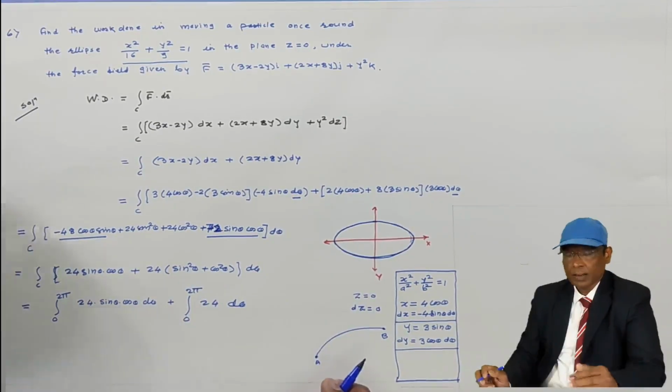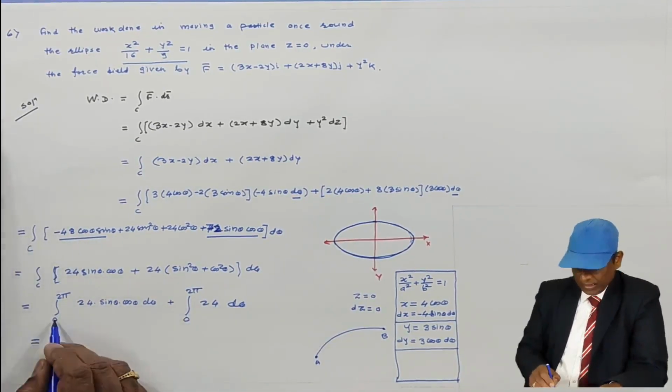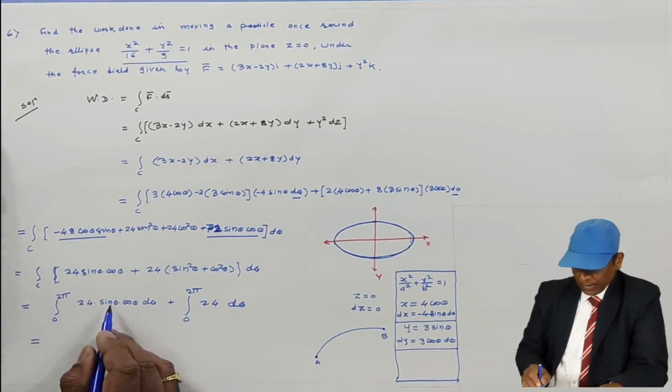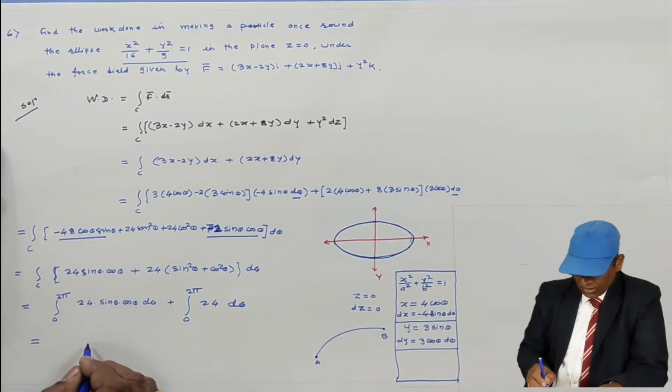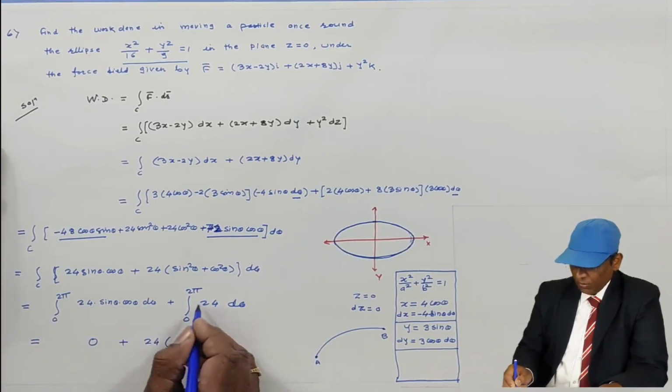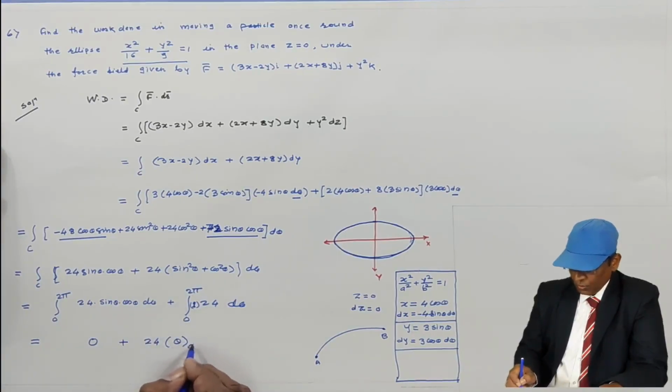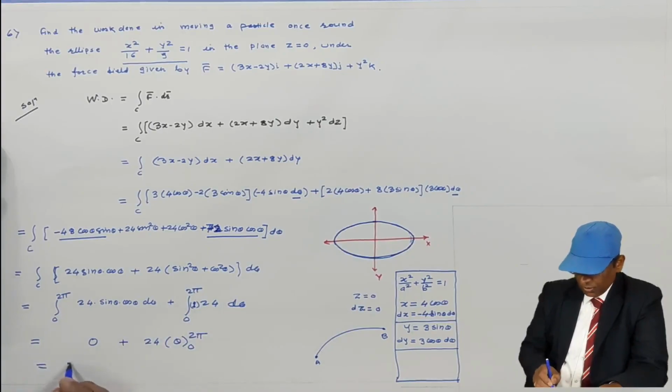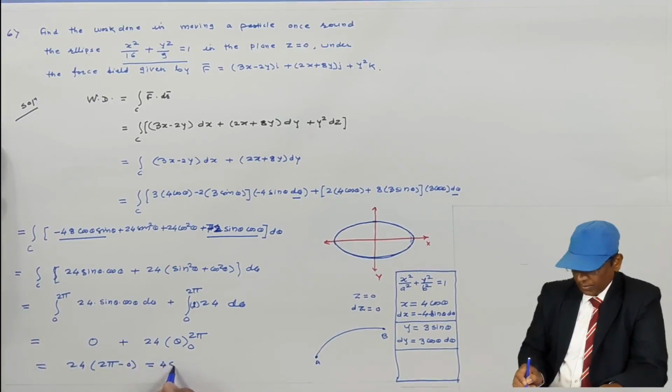The integration of sin theta cos theta is 0. Plus this 24, the integral of 1 with respect to theta is theta, from 0 to 2 pi. Put theta equal to 2 pi, the upper limit, minus theta equal to 0. And it is 48 pi.